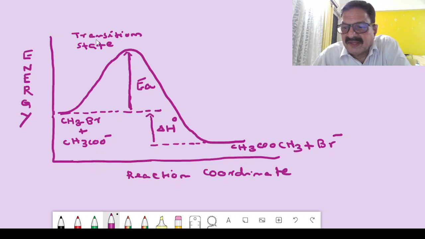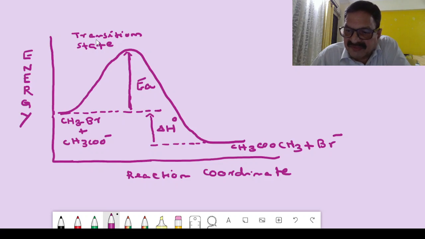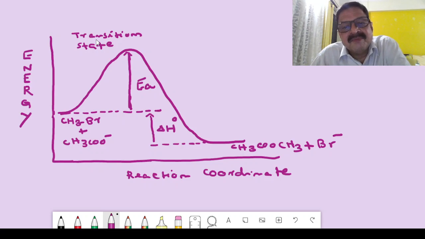First point, the carbon-Br bond is partially broken. The second point, the carbon-oxygen bond is partially formed. The attacking nucleophile and the leaving group, that is the oxygen and bromine, will bear a partial negative charge.